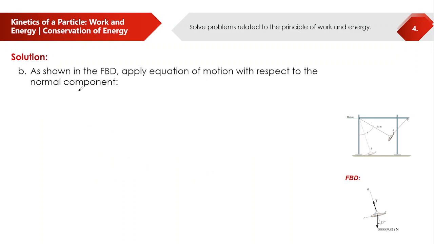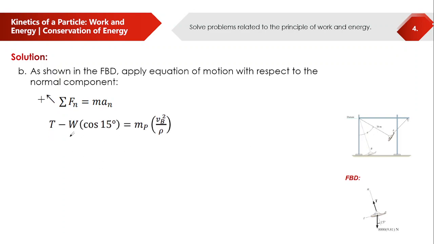How about for the tension, no? So as shown in the FBD, apply the equation of motion with respect to the normal component. Okay. With respect to the normal component, that will be the summation of all the forces in the normal direction equals the mass times the normal component of the acceleration.